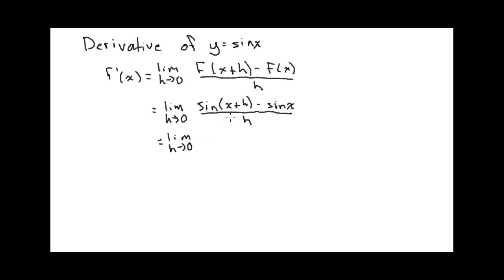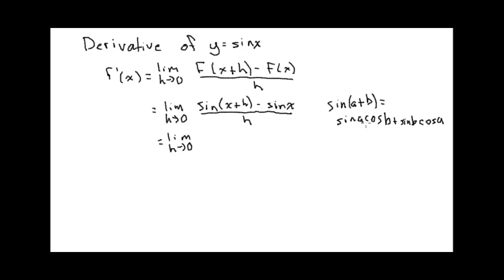So looking at this, sine of x plus h, those of you who remember your trig identities might recall this identity: sine of a plus b is equal to sine a cos b plus sine b cos a.